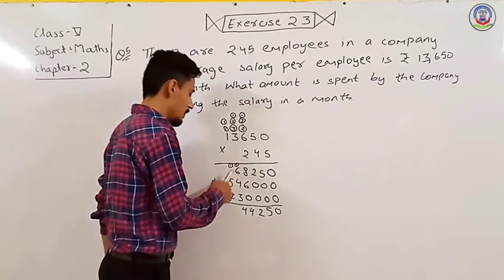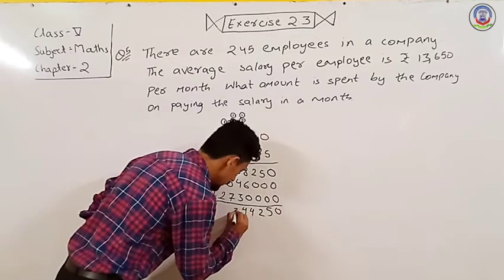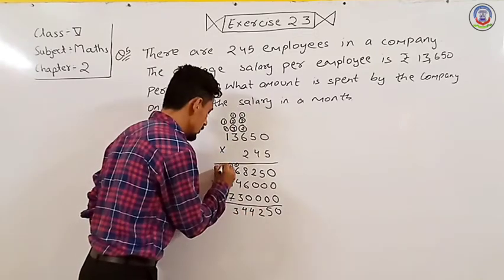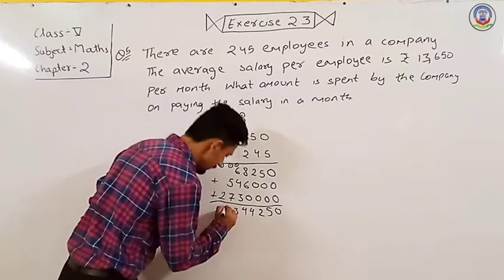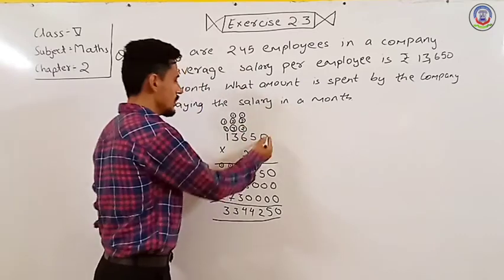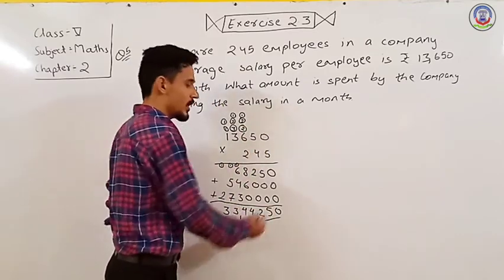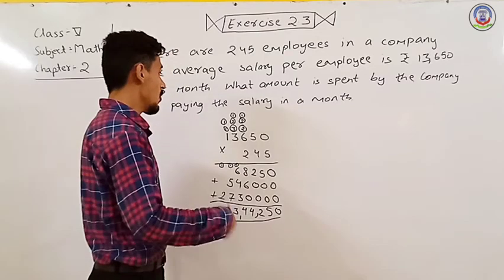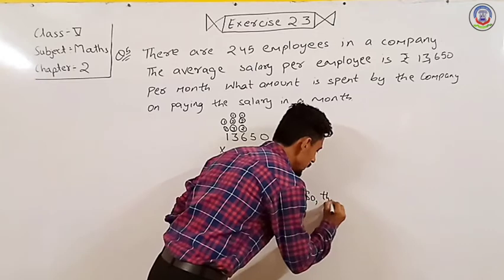Next we have 1, 5, 7. So it is 13. So we write 3 here and 1 goes to carry. Next we have 1 and 2. So it is 3. So product of these two numbers are 33,44,250.